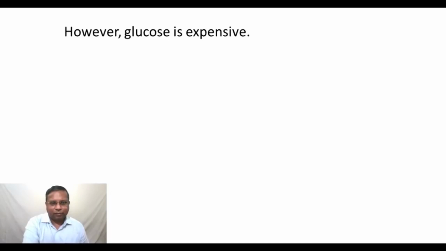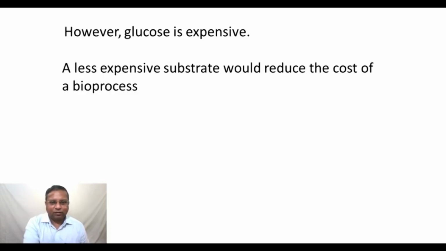However, from an industry perspective, glucose is expensive. So if you start with an expensive raw material, an expensive substrate, the product is going to turn out to be more expensive. If you have an alternative for glucose that is not as expensive, that's much better for the industry, because it reduces the cost of the bioprocess.